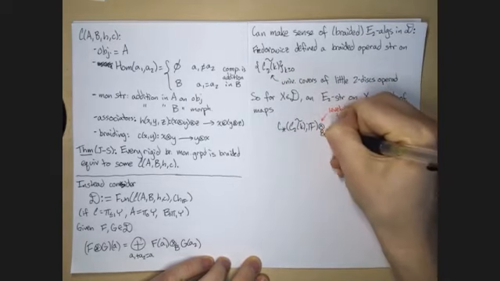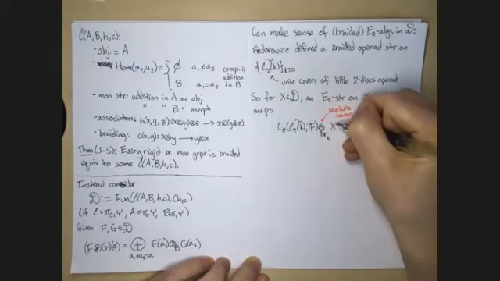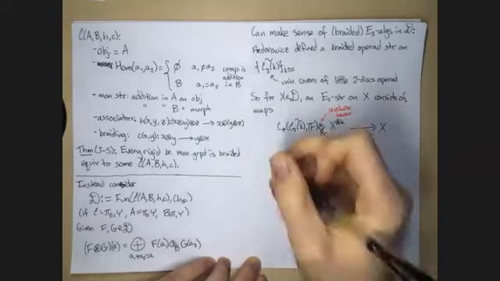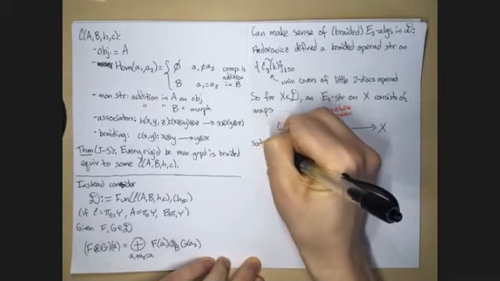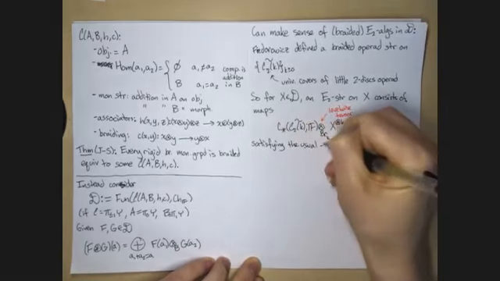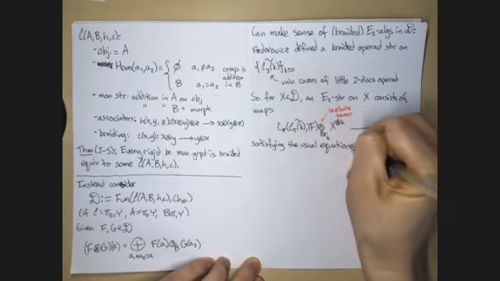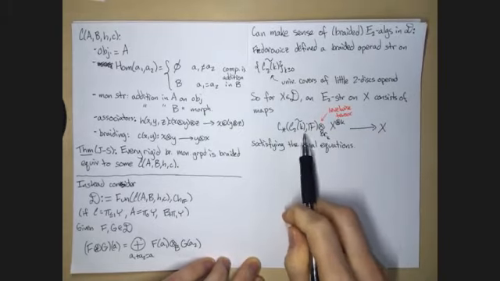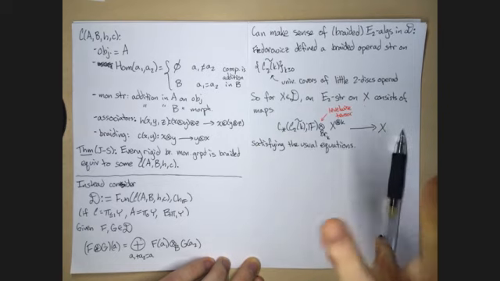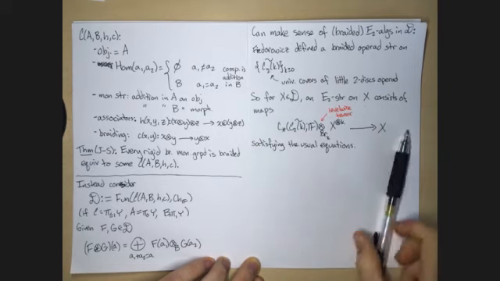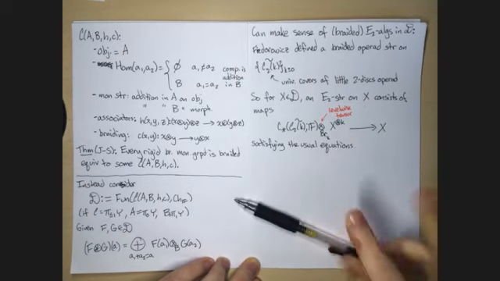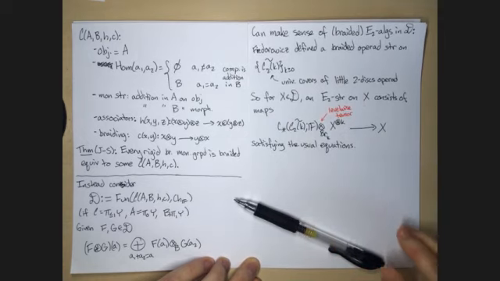Tensored over the braid group with X day convolved with itself K times, and this should map to X. And these should satisfy the usual equations. Here, the braid group acts on this, that's part of the operad structure, and the braid group acts on the right just via the braiding. This is what happens when you swap two copies of X. And this is why in a braided monoidal category, you have to talk about braided E2 algebras, because otherwise you don't have a symmetric group action when you swap things.